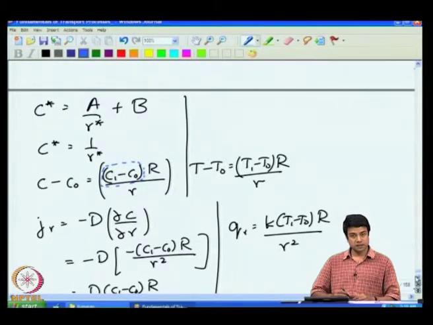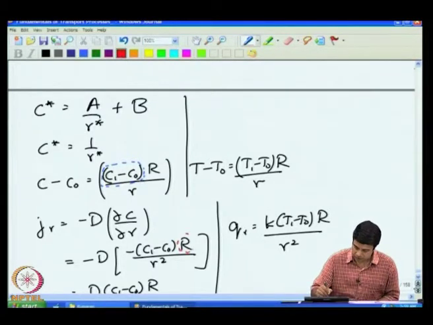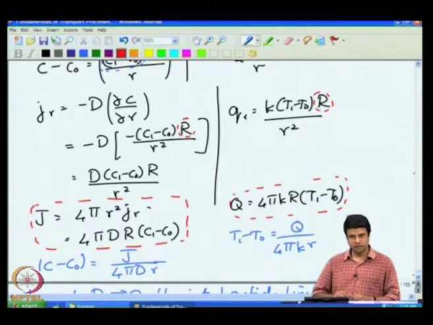However, if I express this in terms of the total mass generated per unit time or the total heat generated per unit time, it turns out to be independent of the radius R of the particle. I just get q by 4 pi k r for the temperature field or c by 4 pi D r for the concentration field. So, I just have to substitute the conductivity for the diffusivity and the heat flux for the mass flux. And in this case, it is independent of the radius. So, it works even for a point particle in the limit as the radius goes to 0.